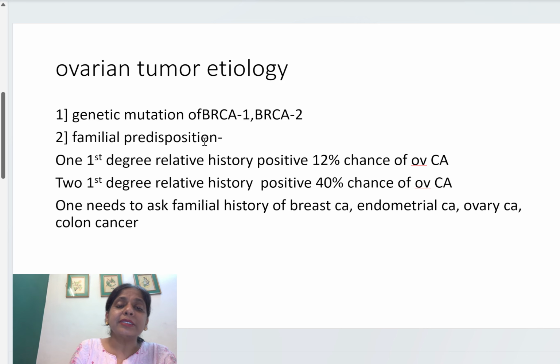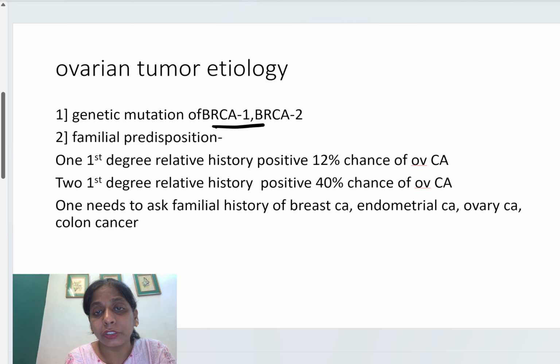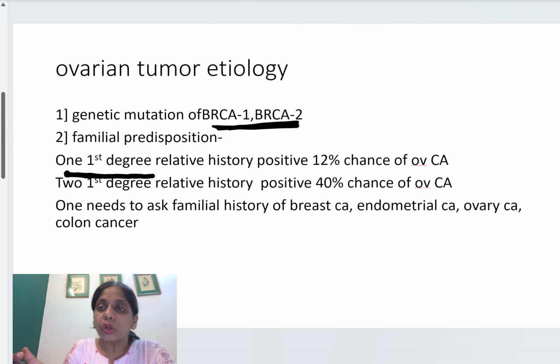Okay, so let us study ovarian tumor etiology. Genetic mutation of BRCA1 and BRCA2. Next is the familial predisposition, and you also have to ask about familial predisposition. First degree relatives are those in close blood relation: mother, sister, daughter.